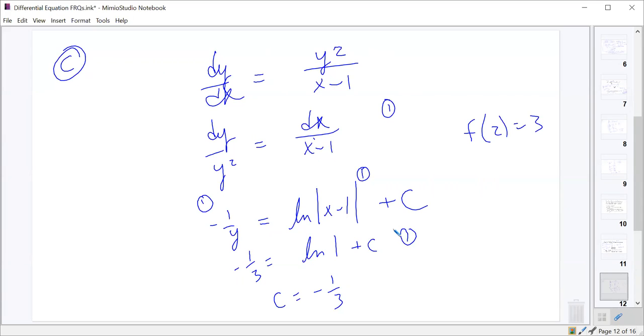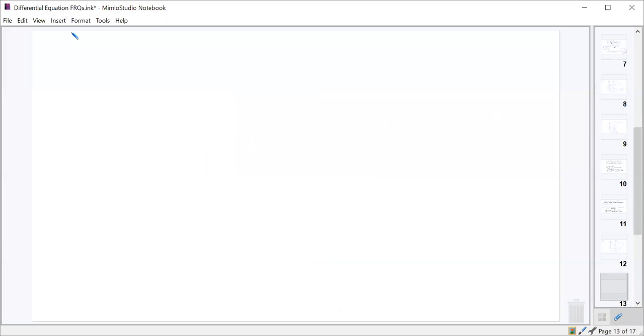And then go in, plug in your constant, and solve for y. So we should end up with negative 1/y equals natural log absolute value x minus 1, minus 1/3. Once again, we're going to need to get a common denominator here to take the reciprocal.